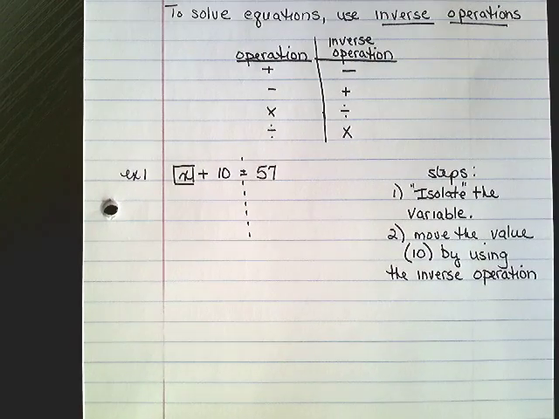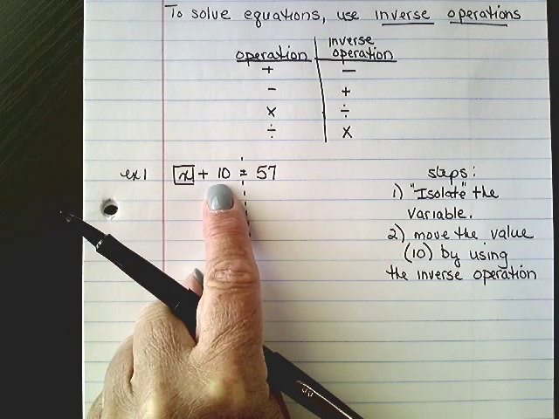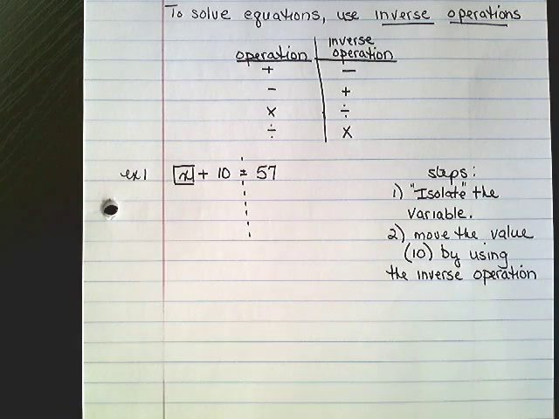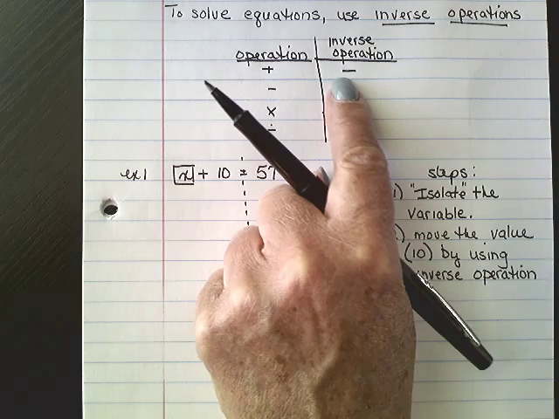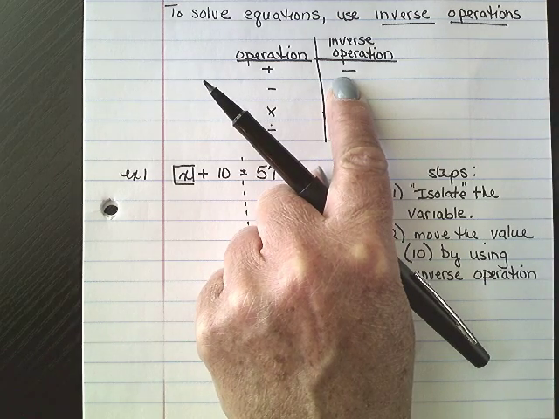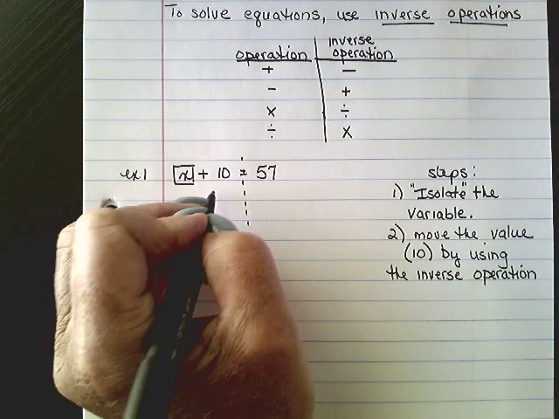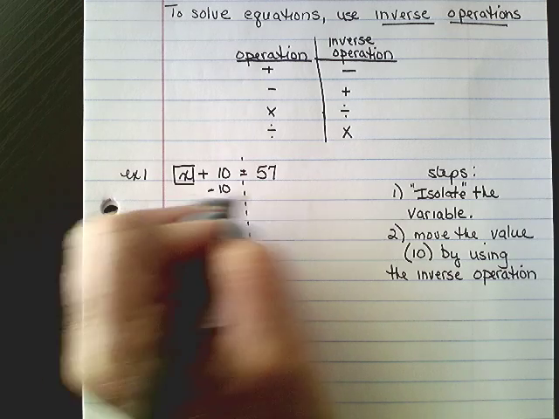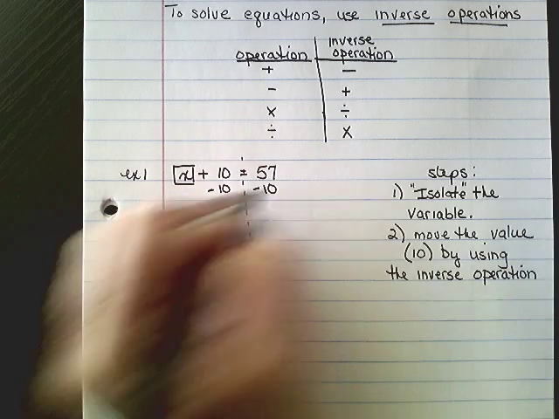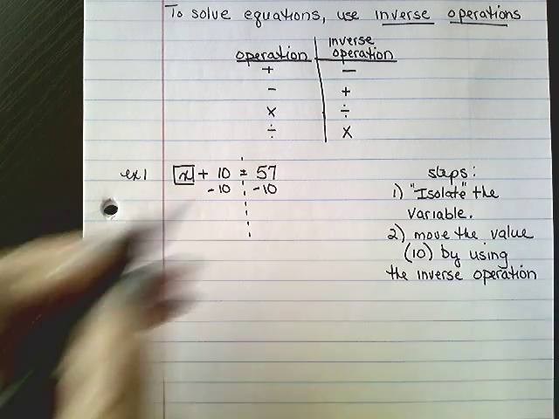So if 10 is positive, it's plus 10, so it's positive 10. What would be the inverse of that? And that would be to add a negative 10. So I am going to add a negative 10 to both sides of this equation.